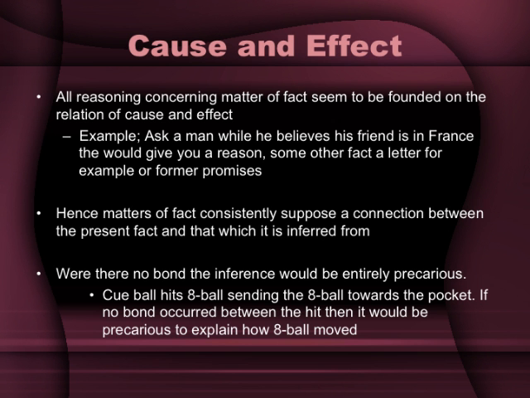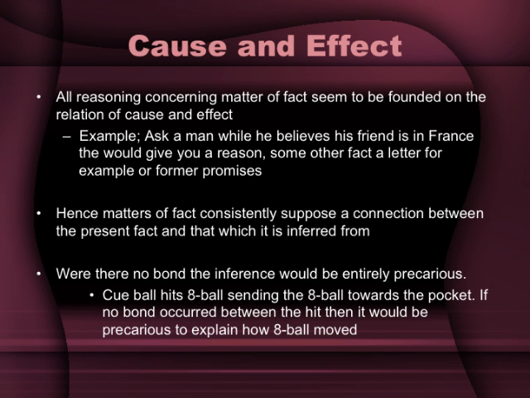He says, ask a man why he believes that his friend is in France. Because Hume suggests that we know matters of fact about unobservable things, like he can't observe that his friend is in France right here, right this minute. So the matters of fact about unobservable things are known through a process of cause and effect. My knowledge that my friend is in France might have been caused by a letter or postcard from that friend where the return address is France.